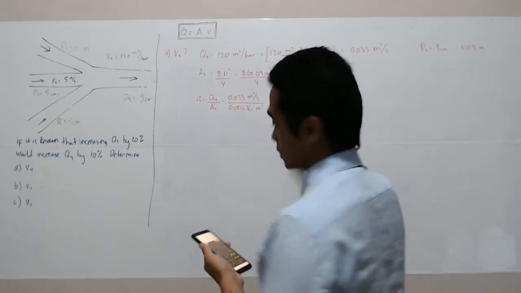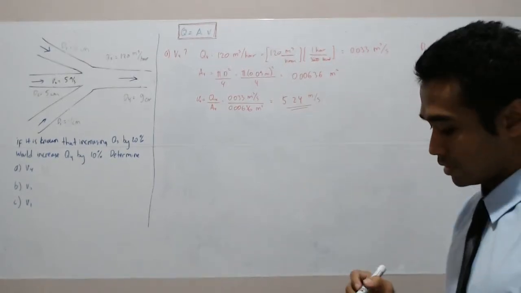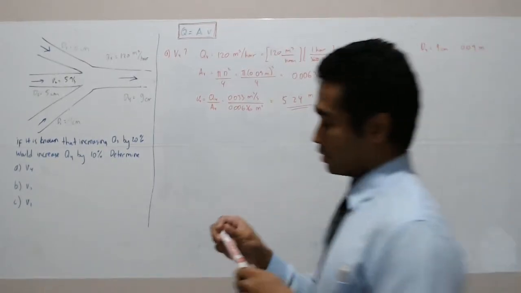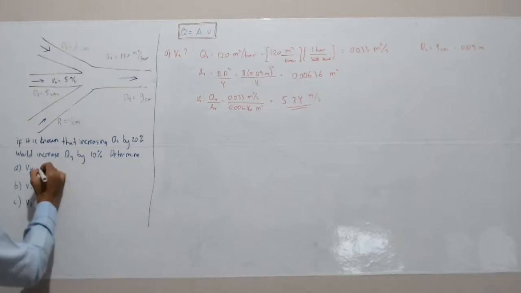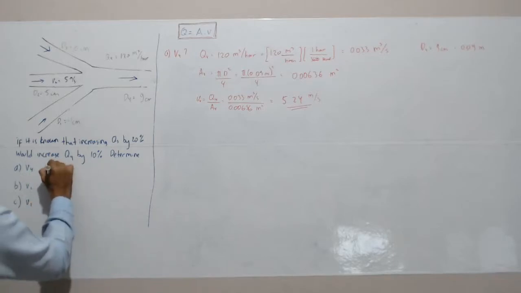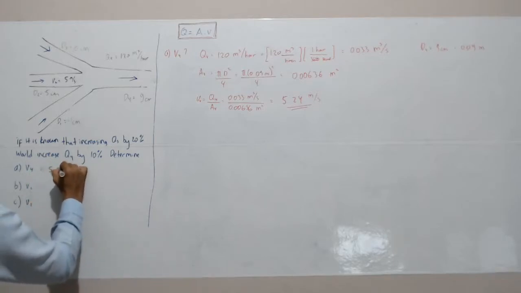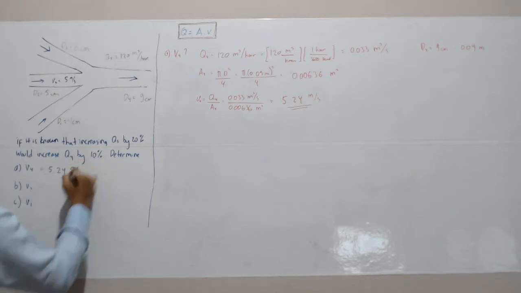So this is the answer. The answer for the fourth pipe velocity is 5.24 meters per second.